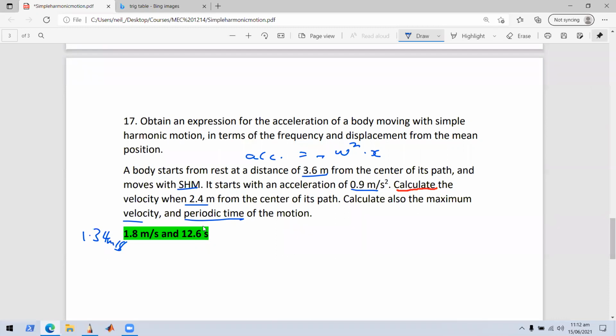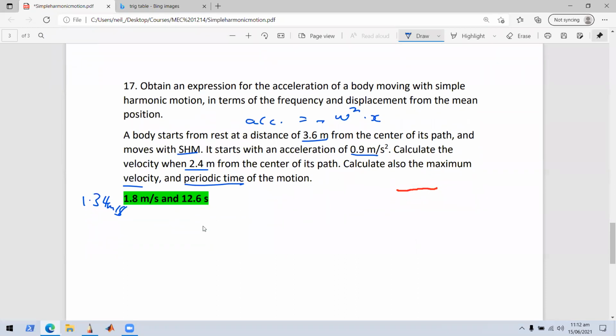I got 12.5. 12.5, 12.7, anything close to this should be fine. So you should get three answers: 1.34 meters per second, 1.8 meters per second, and 12.6 meters, not meters per second, 12.6 seconds.